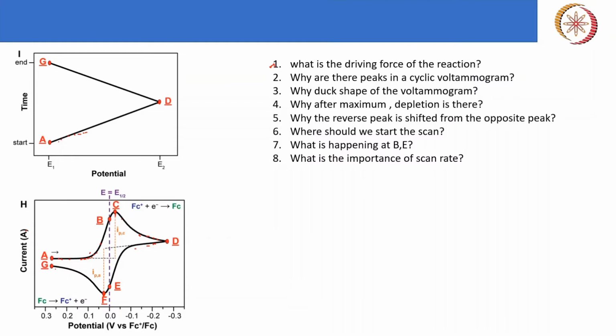The second question is why this cyclic voltammogram has a duck-like shape, why not a different kind of structure, why not a triangular structure. Why, with potential, is the current response duck-shaped? The next question is why this peak comes at a particular potential, and the fourth question is why, after the maximum at point C, the depletion is going on.